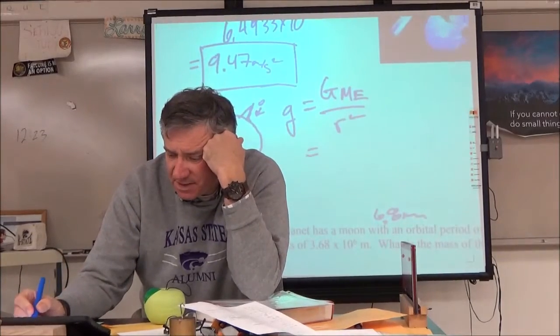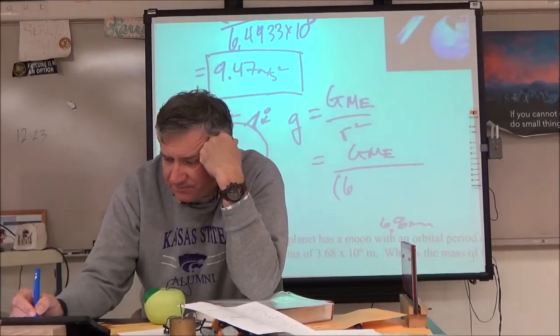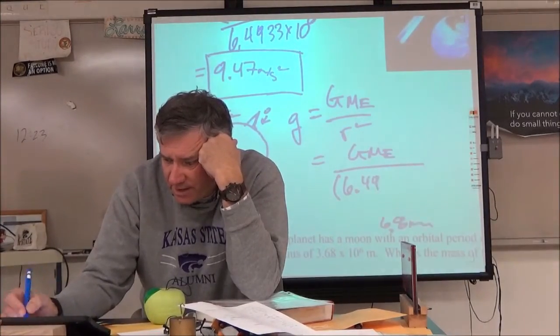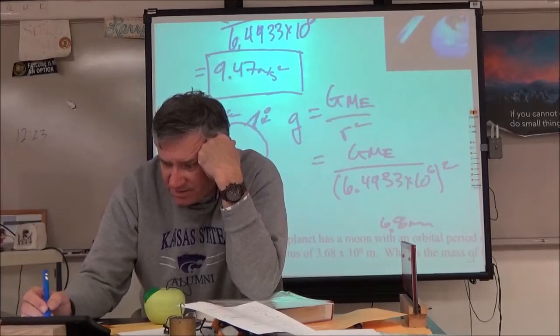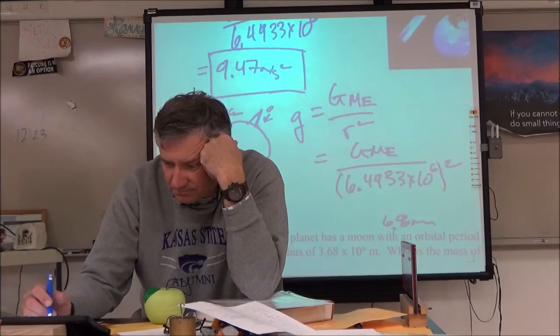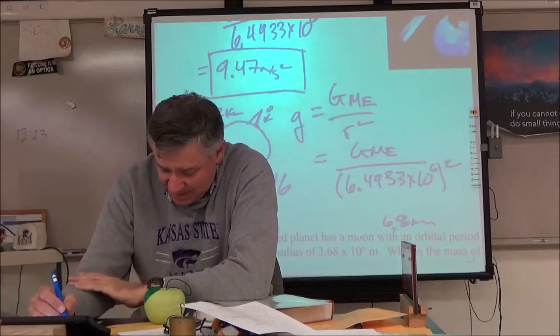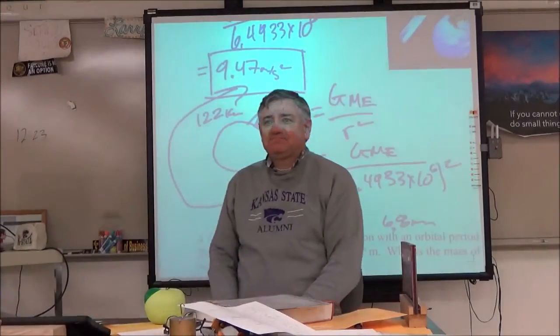So somebody take big G times the mass of the Earth divided by that 6.4933 times 10 to the 6th meters squared, and let me know what you get. I got 9.46. Ooh. Which is basically the exact same as that answer.